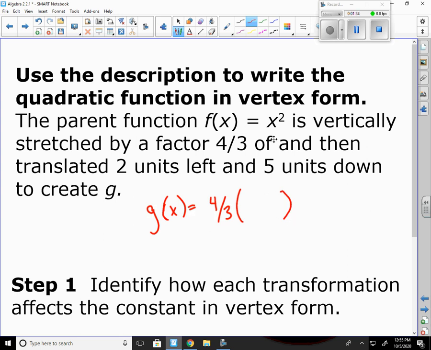Then, translated 2 units left. So that's going to be x plus 2, because I'm going left. X plus 2 squared. 5 units down, since it's going down, it's minus 5. And that's it.